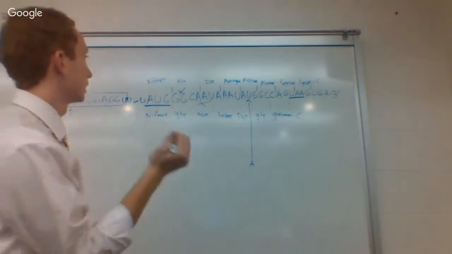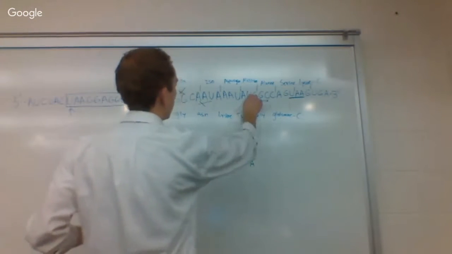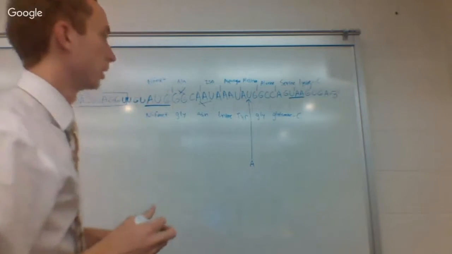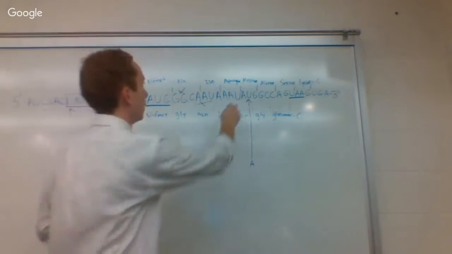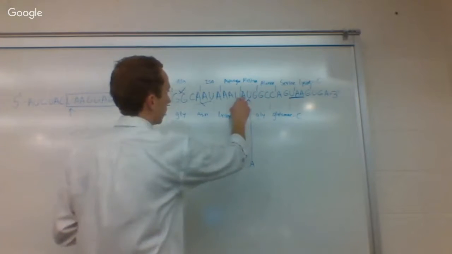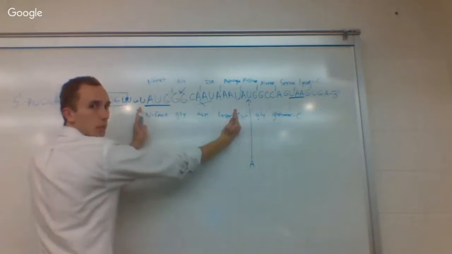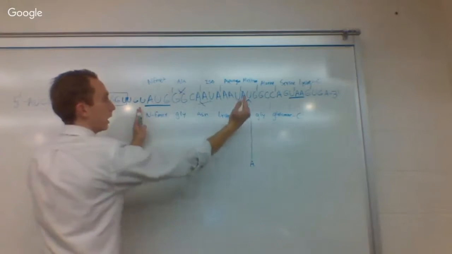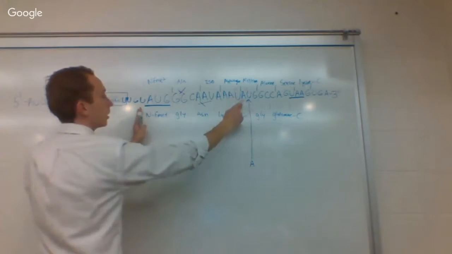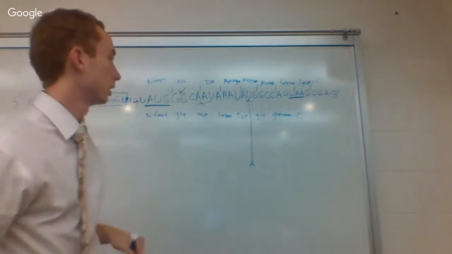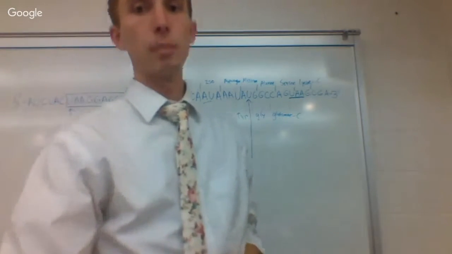So if this is changed to an A, it stops right there because UAA is a stop codon. And so it would be these amino acids, and then it would terminate elongation right there. So it would just be these because that changes to an A, making it a stop codon.